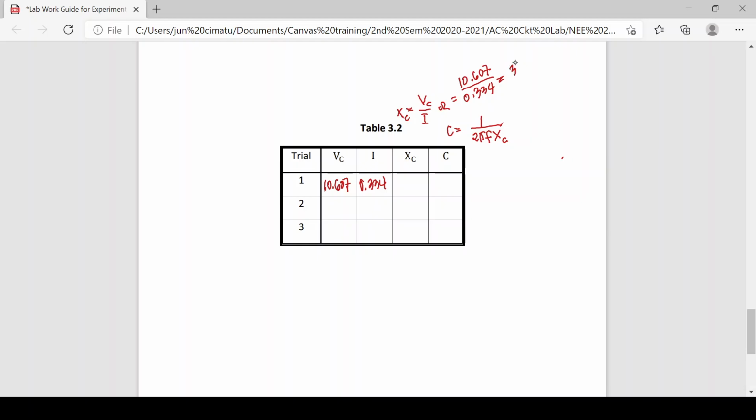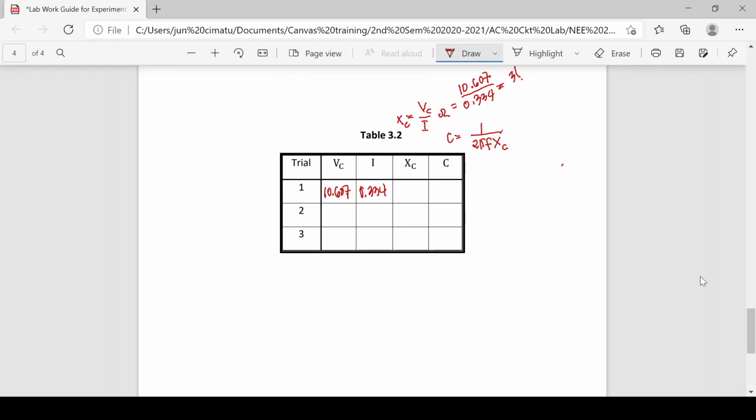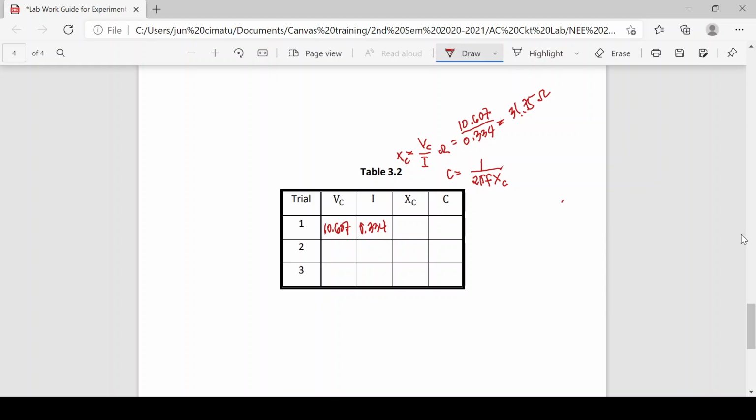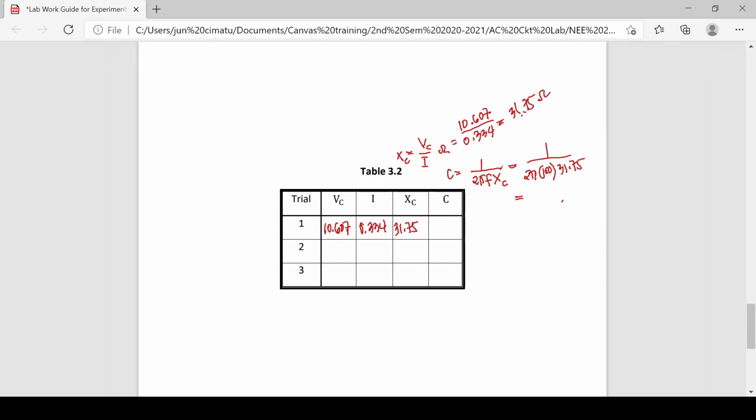We have here a reactance of 31.75 ohms. So we can verify the value of the capacitance again using this formula, which is 2 pi, the frequency is 100, and the X sub C is 31.75 ohms. This equals 50.11 microfarad.